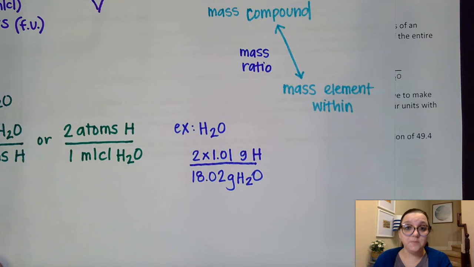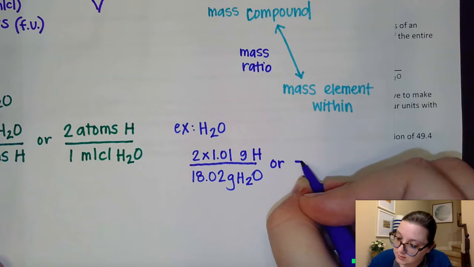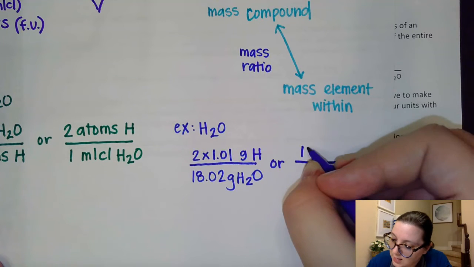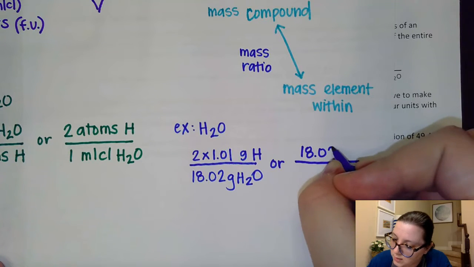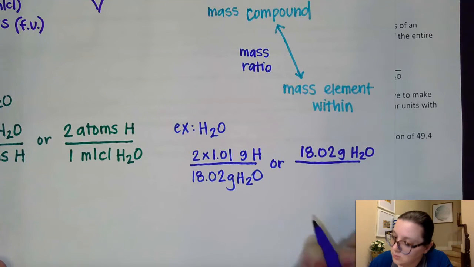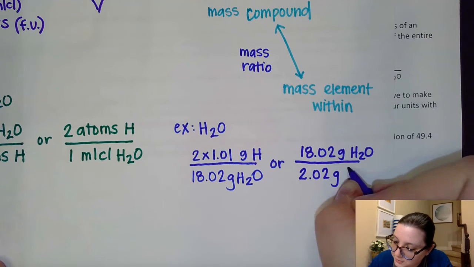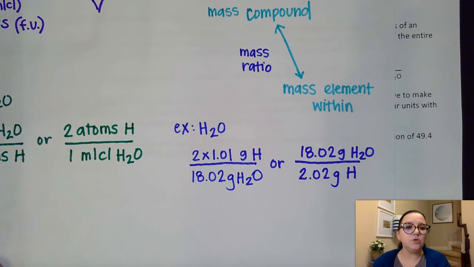Or you could flip that ratio around, depending on where you needed your units. So you could say, hey, 18.02 grams of water on top, and out of that, 2.02 grams were hydrogen inside of it. Obviously, you could do the same exact thing for oxygen.